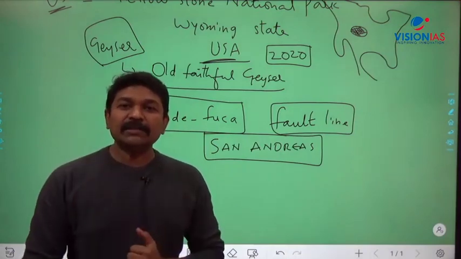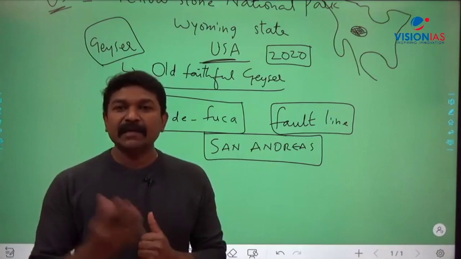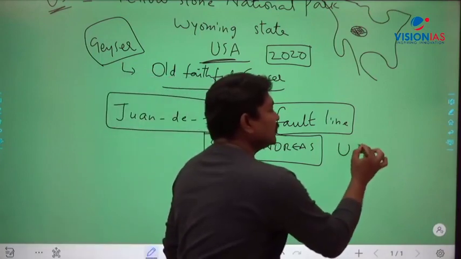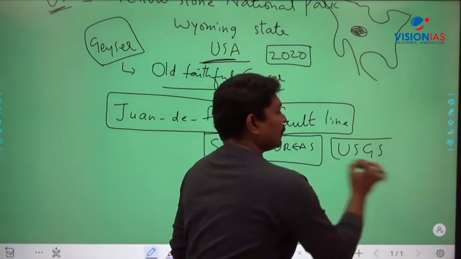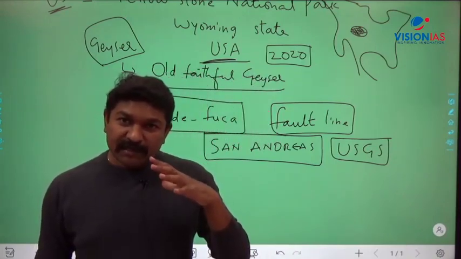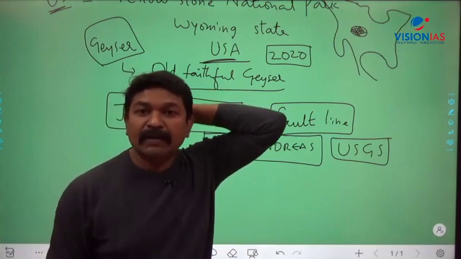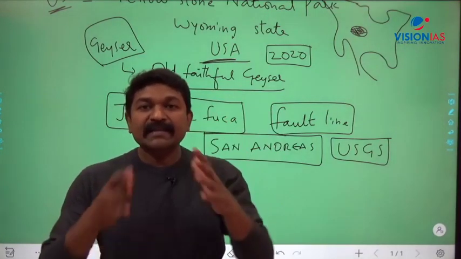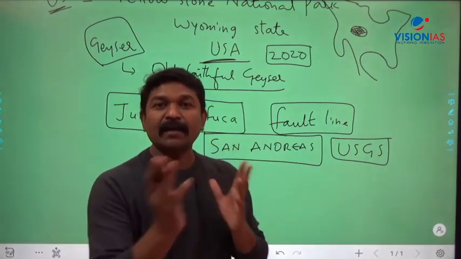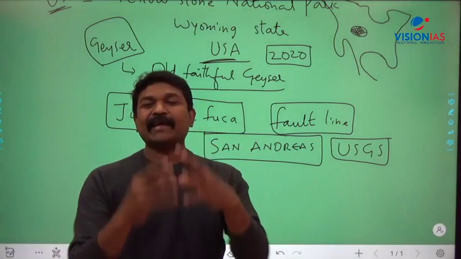What the geologists in the USA have discovered is that there is an organization called USGS, the United States Geological Survey. This organization has proved beyond doubt that this San Andreas fault line and the Yellowstone National Park are closely interconnected.